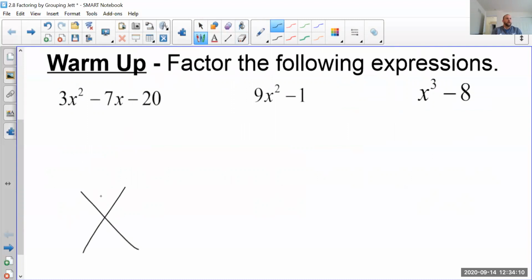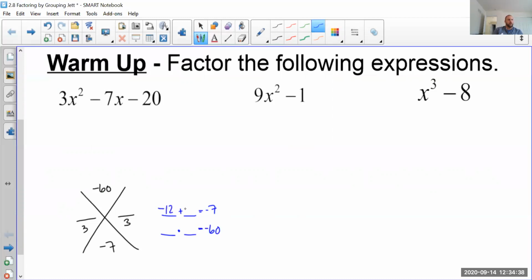So we have a times c here, so that's going to give me negative 60. We have b here, so that's my negative 7. We put a on the bottom, put a on the bottom. Then we're saying what plus what gives me negative 7, and those same two numbers need to multiply into negative 60. So we should get 12 and 5.